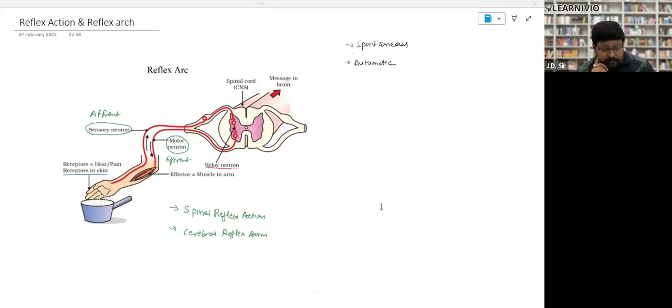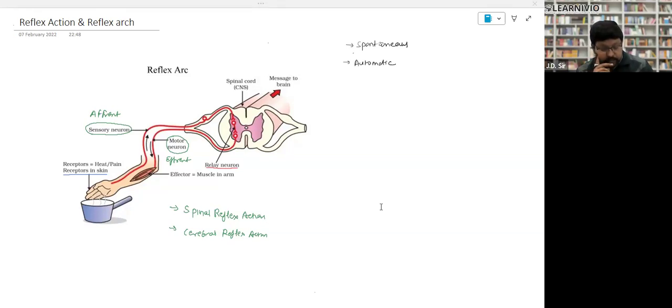The motor nerve relays motor impulses from the central nervous system to the effector organ.